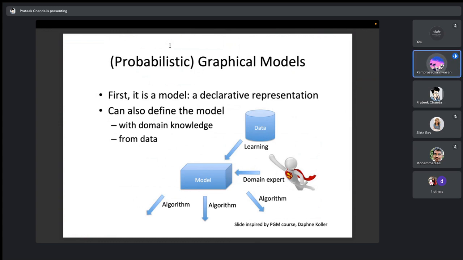Can we say that thresholds on the values of the random variables can be interpreted as domain expert knowledge? Thresholds on the values of what, the prediction values? No, the thresholds on the random variables.